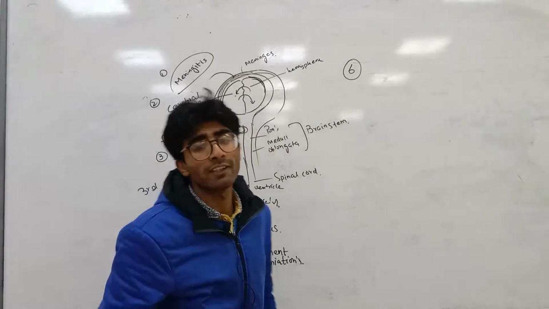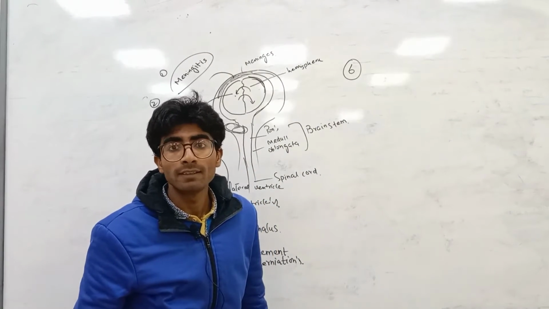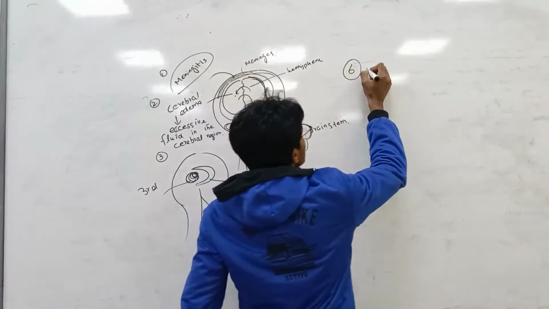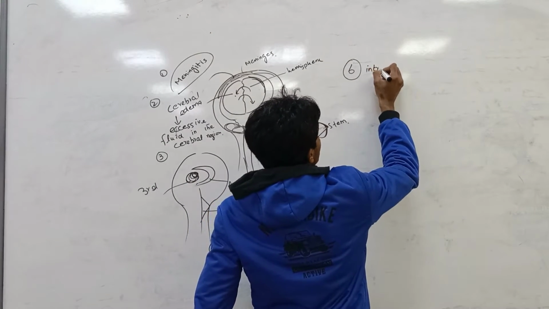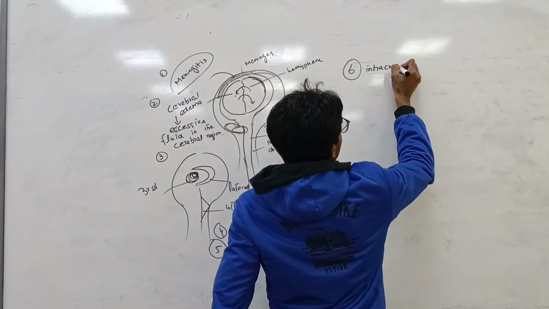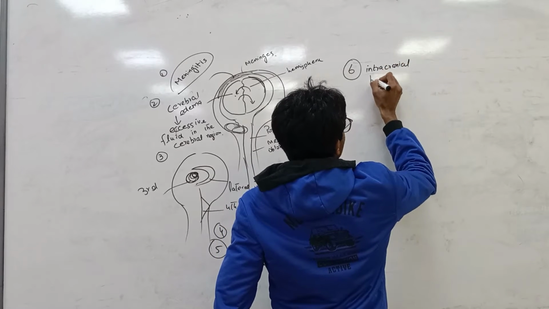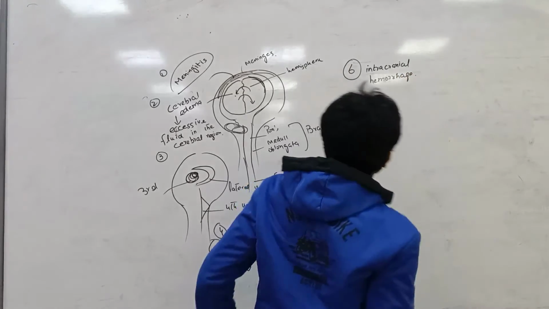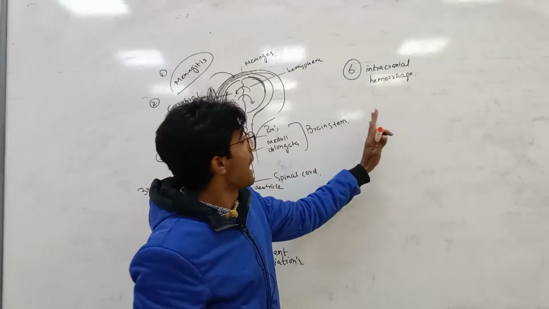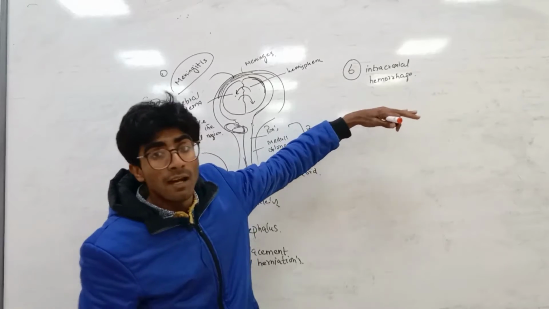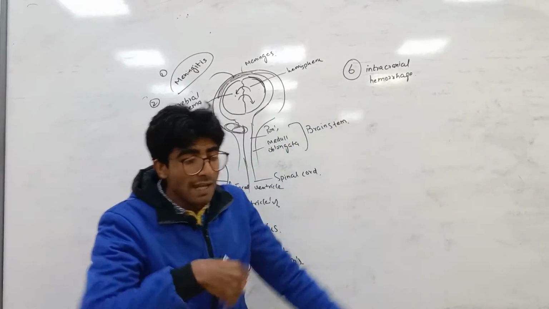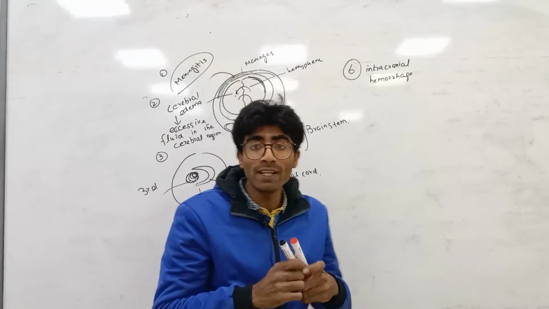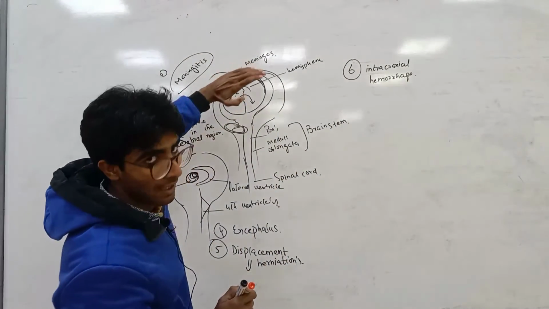And the sixth point I want to explain to you is intracranial hemorrhage. Intracranial hemorrhage happens due to hypertension, or due to other factors, guys. But we know that our brain has arteries.